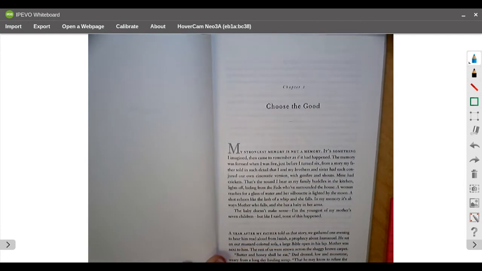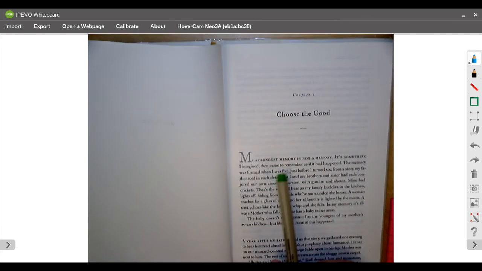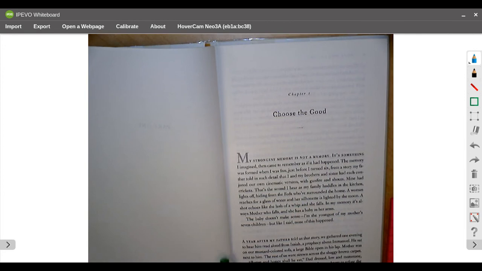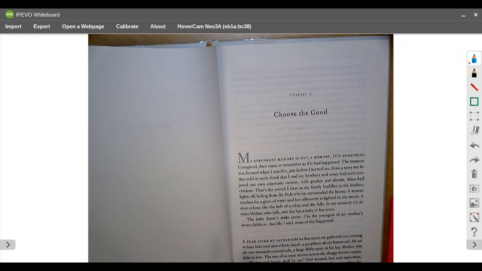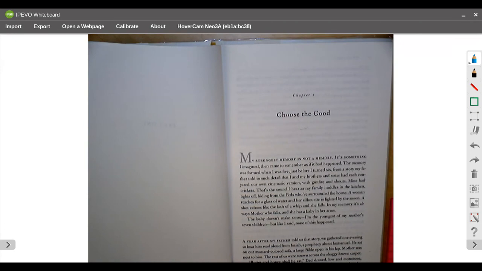Okay. Chapter 1, Choose the Good. "My strongest memory is not a memory. It's something I imagined, then came to remember as if it had happened. The memory was formed when I was 5, just before I turned 6, from a story my father told in such detail that I and my brothers and sister had each conjured our own cinematic version with gunfire and shouts. Mine had crickets.